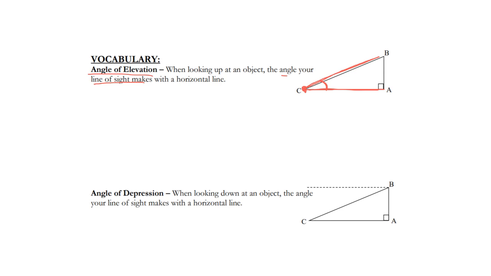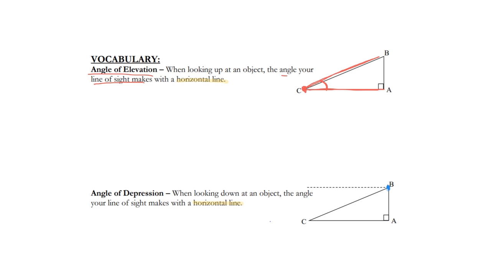An angle of depression is a little different. It says when looking down at an object, it's the angle that your line of sight makes with still a horizontal line. Notice that this doesn't change. It's always created with a horizontal line, not a vertical line. And I say that because, let's look over here. Let's say you are standing up here this time on a point like up on the top of a building, okay?